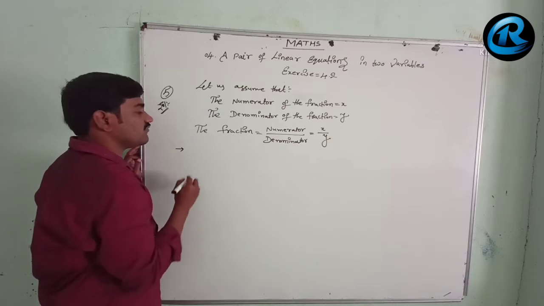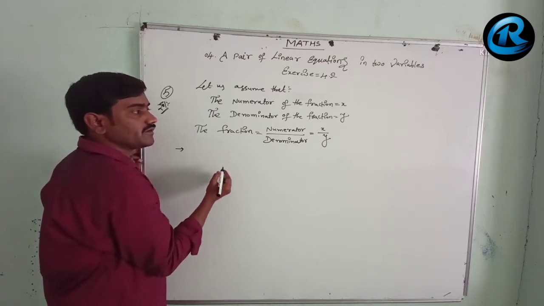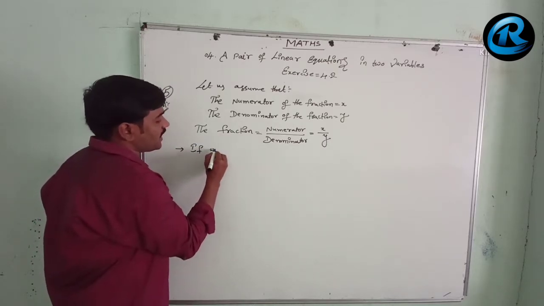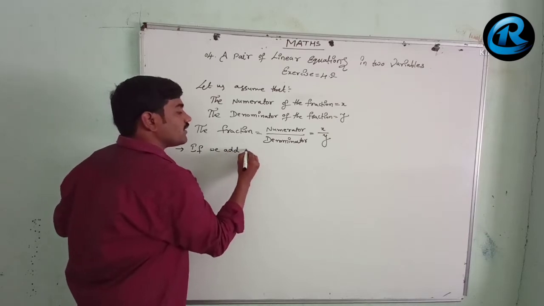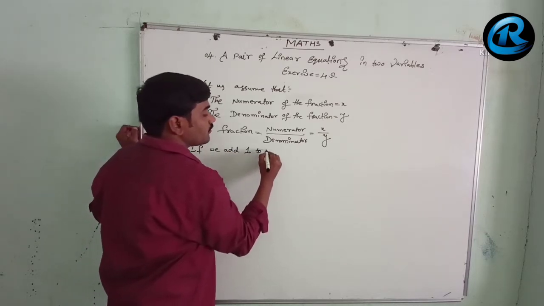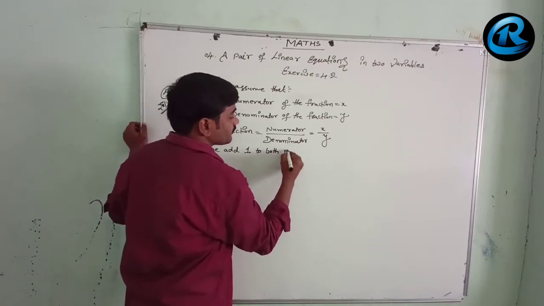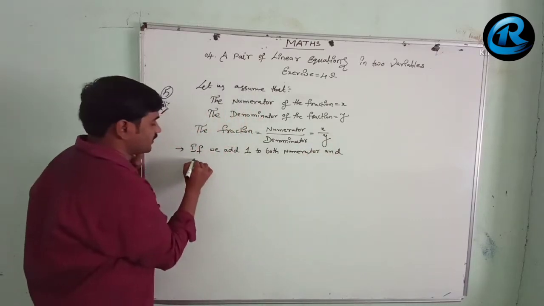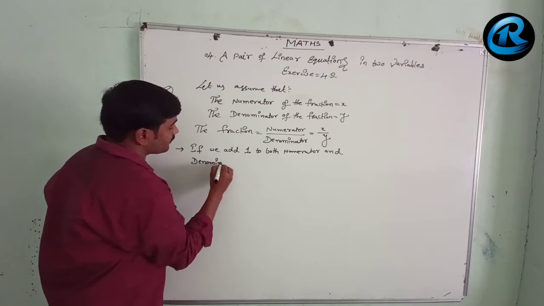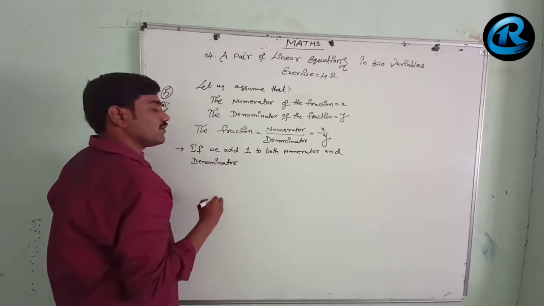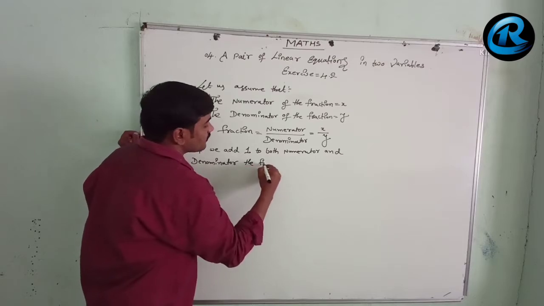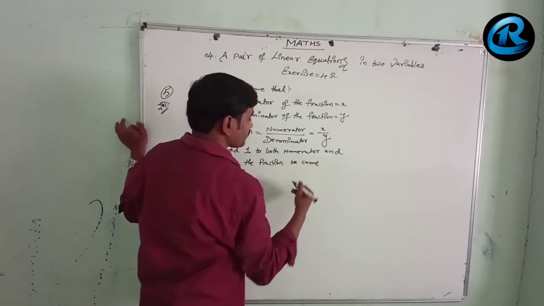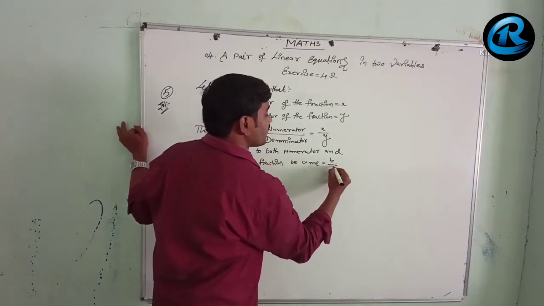Now what is the first condition? If we add 1 to both numerator and denominator, the fraction becomes 4 by 5.